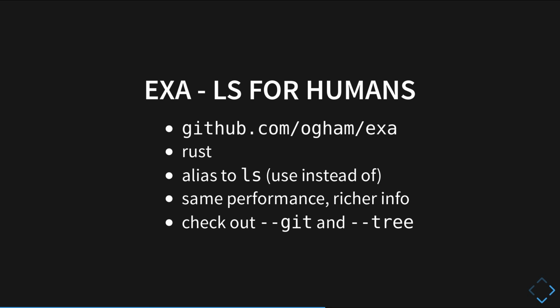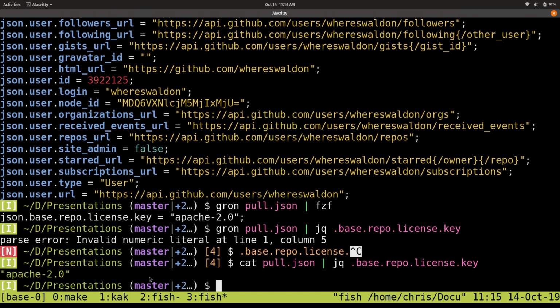You know, what is here? It's an important question. And exa just eclipses ls for me on every axis. It's in Rust. It's about as fast. I aliased it to ls, so I've been using it this whole time. And its output format is just so rich.